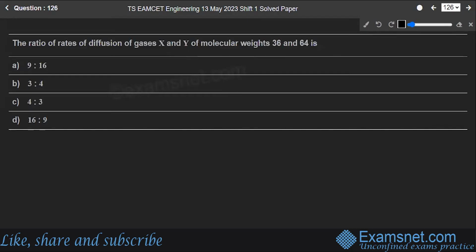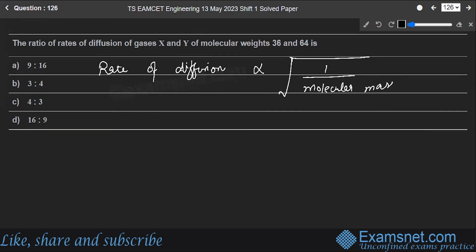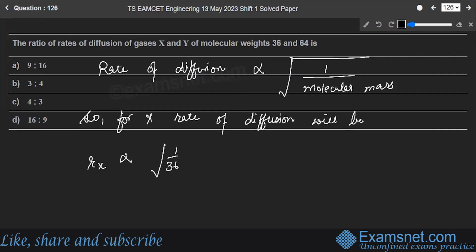The ratio of the rate of diffusion of gases X and Y of molecular weights 36 and 64 is. Rate of diffusion is inversely proportional to the root of the molecular mass. So for X, the rate of diffusion is proportional to root of 1 upon 36, that is 1 by 6.